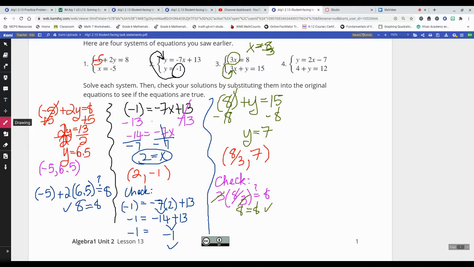Remember, you have to do it in both equations. So 3 times 8/3 plus y, 7, should be 15. Is that the case? 3 times 8/3 we already determined is 8. 8 plus 7 is 15. So both sides are equal, so this equation is true.